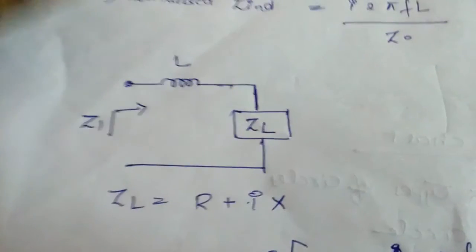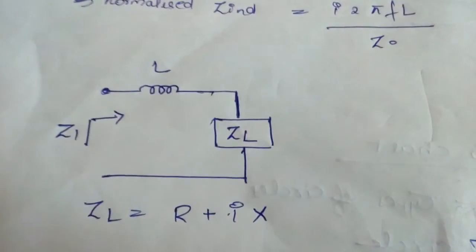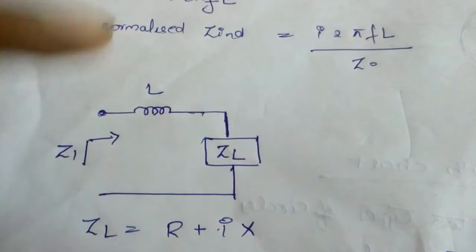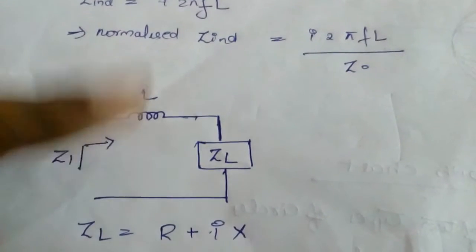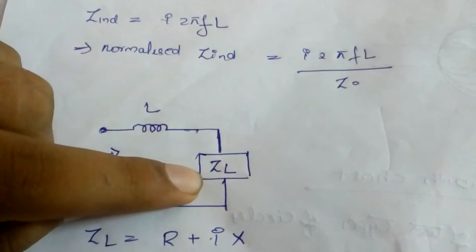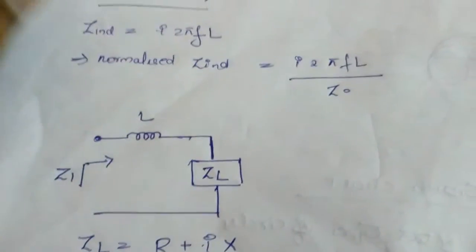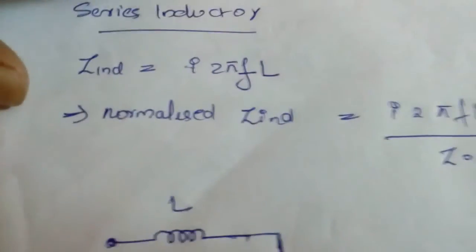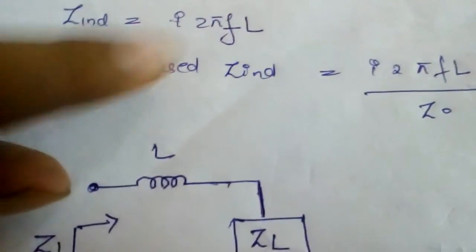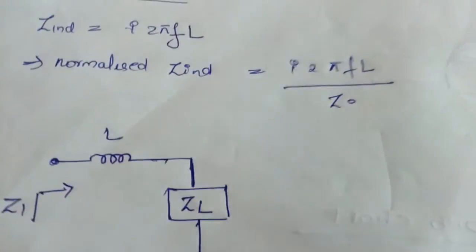I'll explain again. As the inductor is a reactive element, it also has a reactance, and it can be positive or negative. The reactance will add with the reactance part of the load here. And the reactance of the inductor, you all know, is 2 pi f L, as an imaginary value.